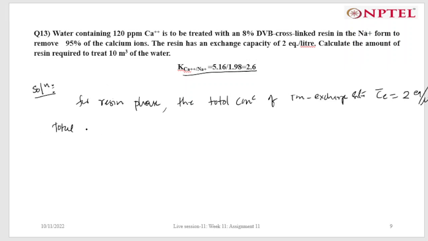Total concentration of ions in the solution, expressed as Ca plus plus: this one 120 ppm converts into gram per liter, so 0.12 gram per liter.